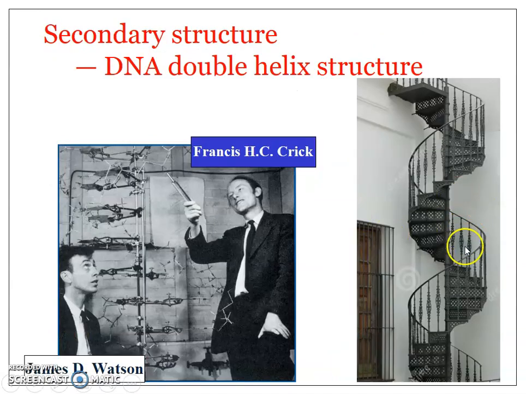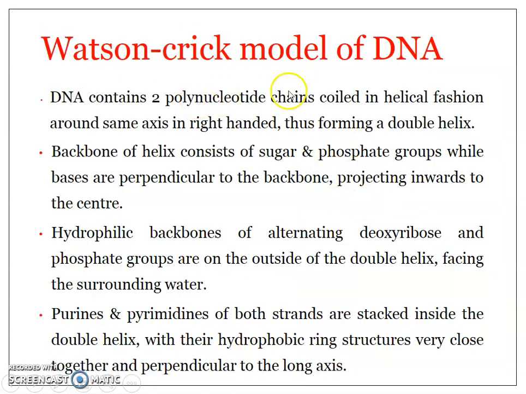You can see here this is a helical staircase, and this is how the DNA strands are being placed. That is, there is a single axis in the center, and the two chains are wound around that particular axis. You can see here it's being wound around the axis. So somewhat like this, the two chains are coiled in a helical fashion around a particular axis, and that too in a right-handed helix fashion.